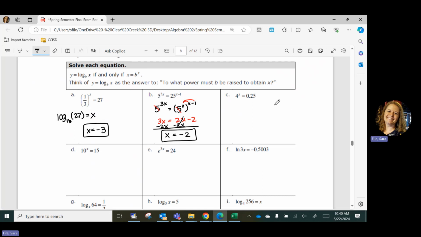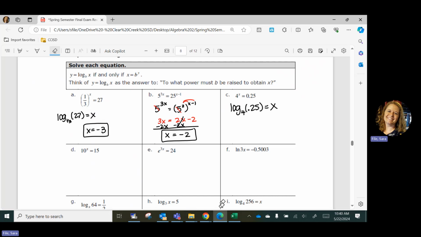All right, C is similar to A, where x is only in one spot. So the easiest thing for you to do, since you have access to Desmos, is just to rewrite this as a log. So the base is 4. So log base 4 of 0.25 is x, and just plug that in the calculator.